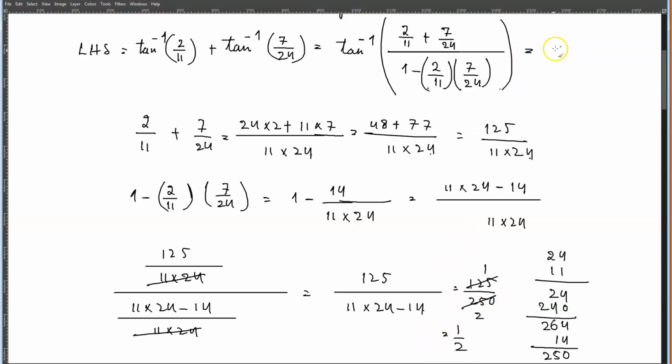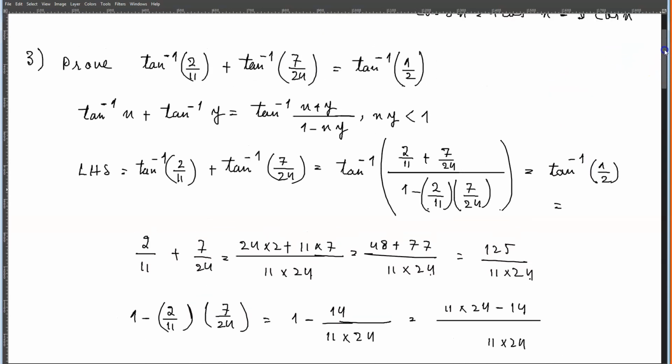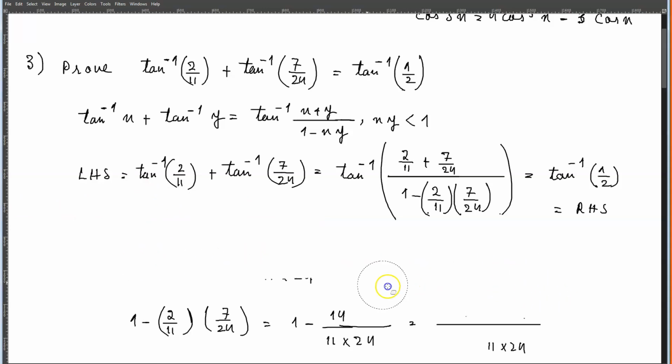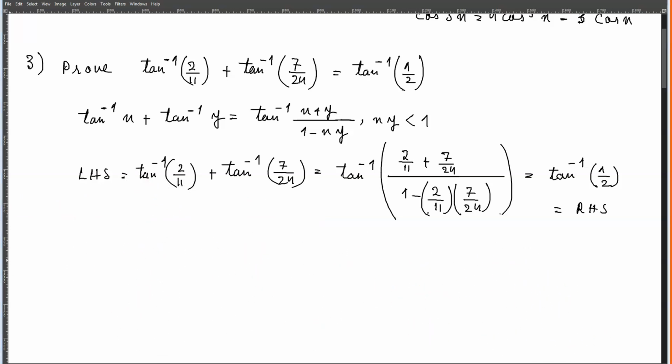So that is the same thing as the tan inverse of 1/2, which is equal to your RHS, and therefore you can say that the LHS is equal to RHS, and hence the identity is proved.